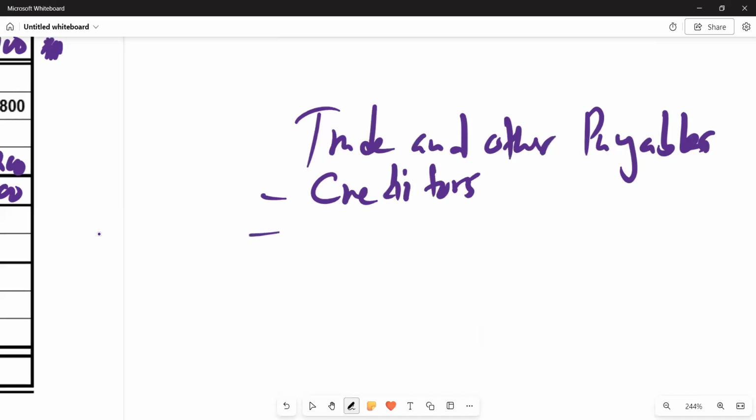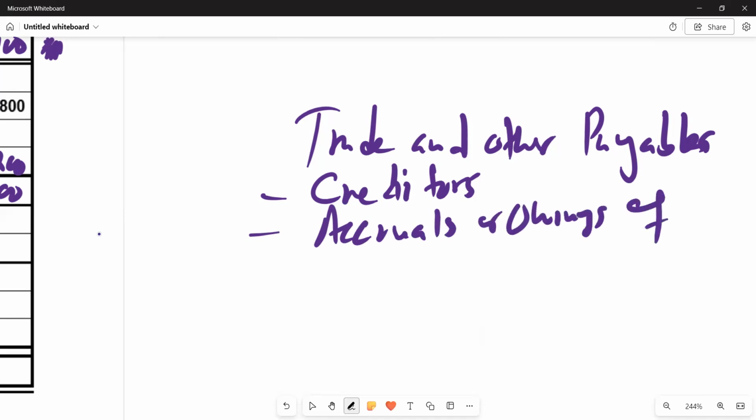And then we are going to have accruals or owings of expenses. And the opposite is true for income. We are saying now prepayments.